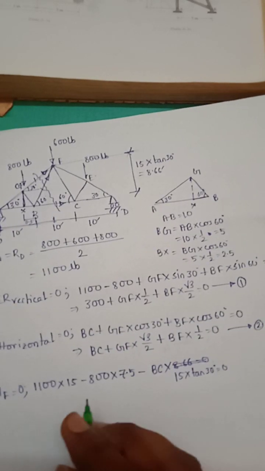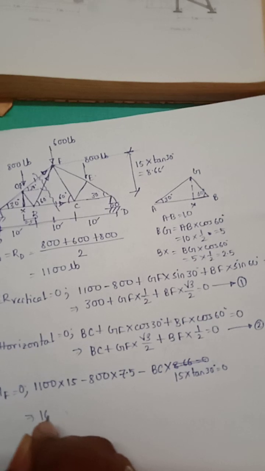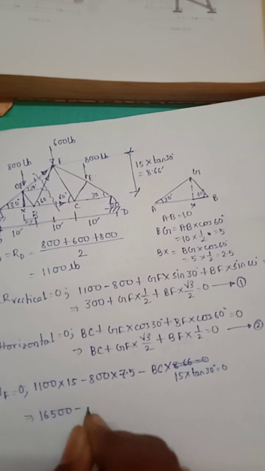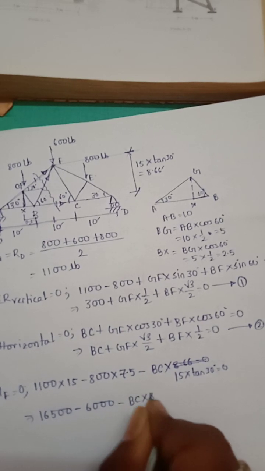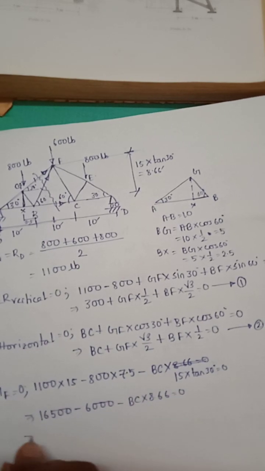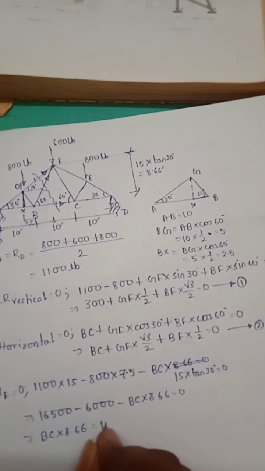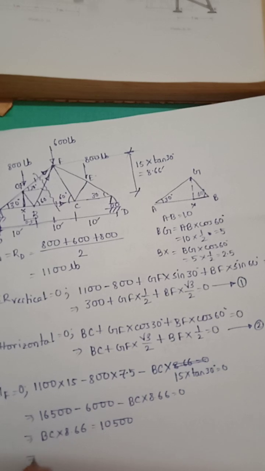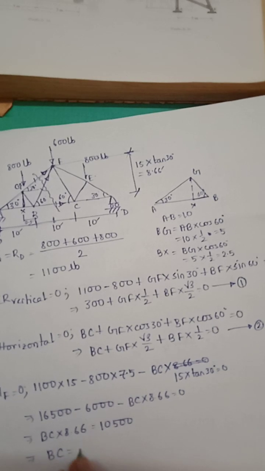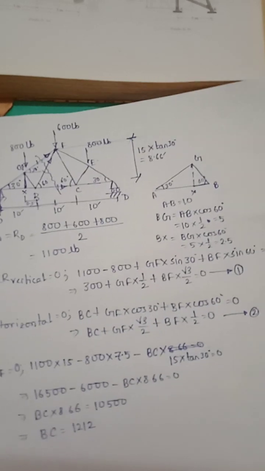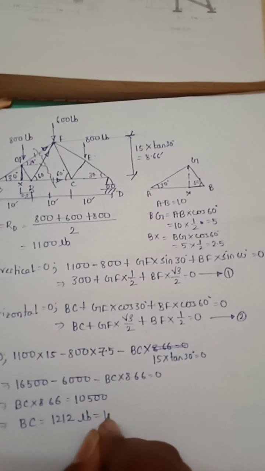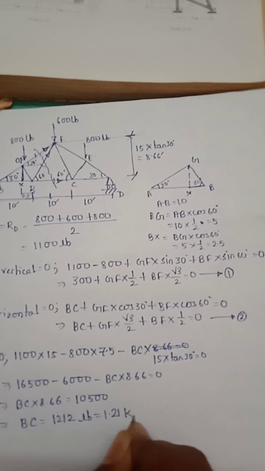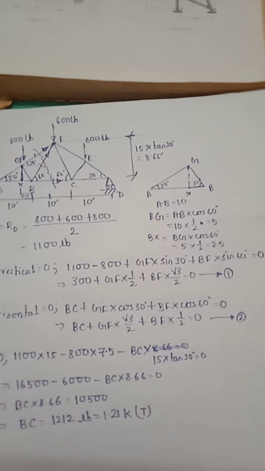Then 1030 is equal to 0. 16500 minus 6000 minus BC into 8.66 is equal to 0. We get BC into 8.66 is equal to 10,500, and BC is equal to 1212 pound, that is 1.21 K, and the force will be tensile.